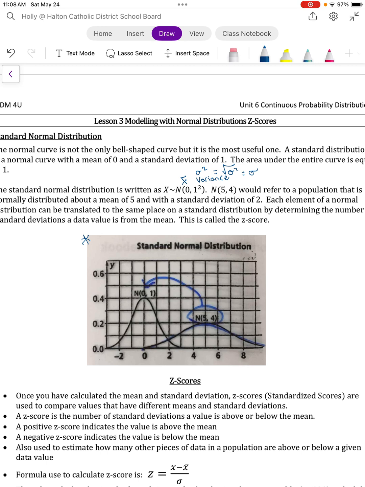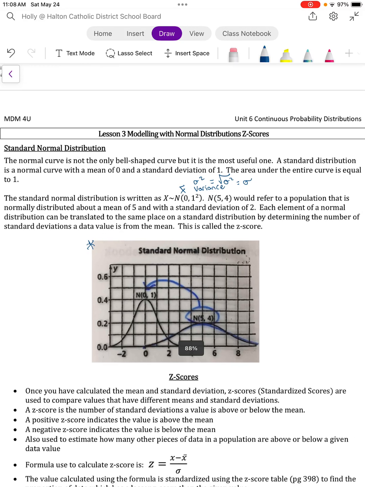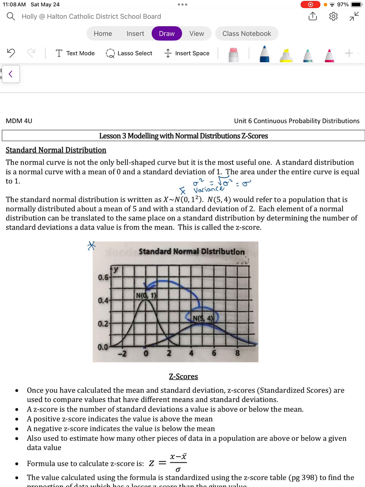So if I look at this example here, N(5, 4), that would mean my mean is 5, my variance is 4, standard deviation would be the square root of that. And that would refer to a population that is normally distributed about a mean of 5 with a standard deviation of 2, which is the square root of 4.